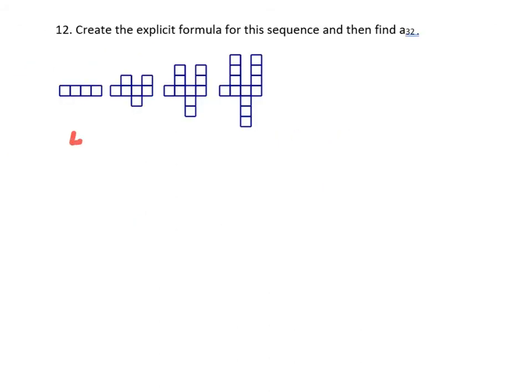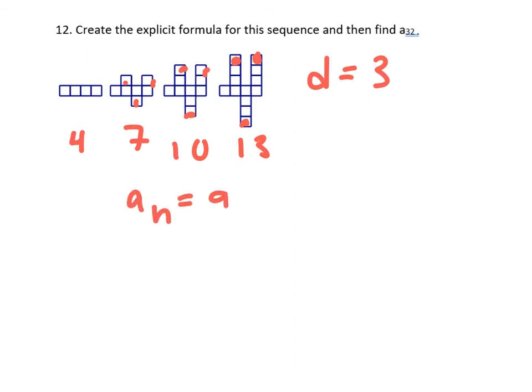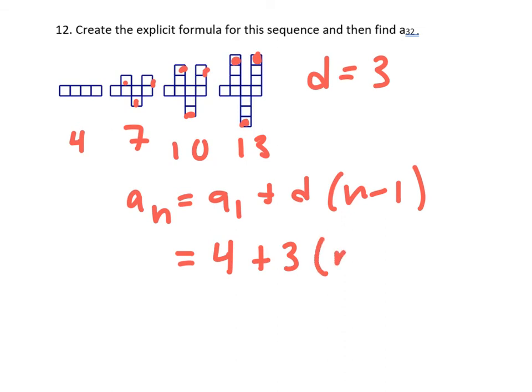So we have 4, and then it looks like we added this one, and this one, so we're at 7. Then we added this one, and this one, so we're at 10, and then we added these ones, so we're at 13, and we see there's a common difference of 3 each time. So our formula is the first term, plus d times n minus 1, so our formula would be 4, the thing we start with, adding 3, n minus 1.